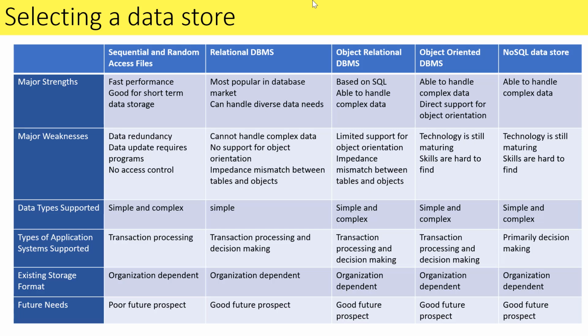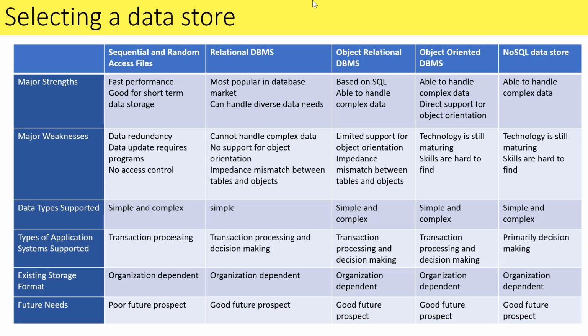For example, file has a fast performance and it's good for short-term data storage. What short-term data storage means is, for example, you have an object-oriented program that is running, and this program needs, maybe for a few seconds, to store the object's data locally in a file and then retrieve it and remove that file. So it's good for that kind of persistence, but not for long term.